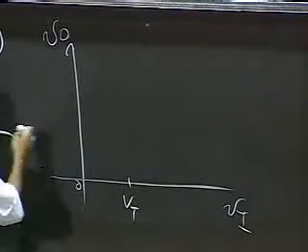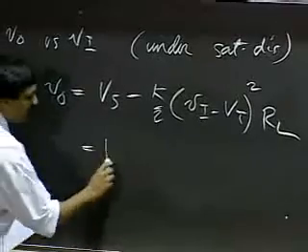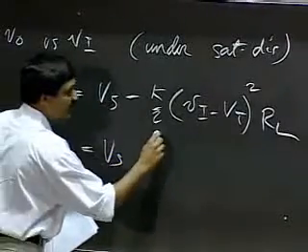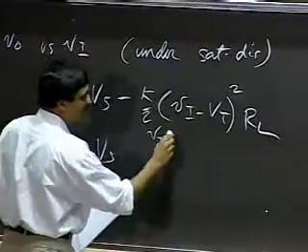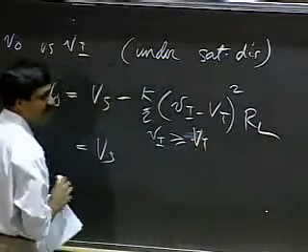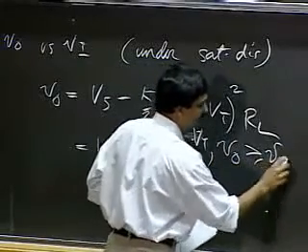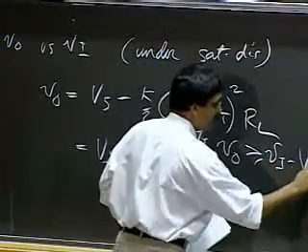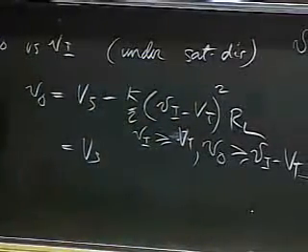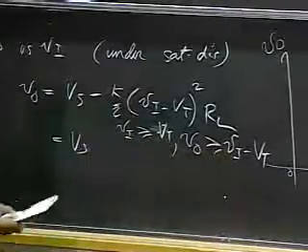That's my VT. So notice that VO is VS. This is true when VI is greater than or equal to VT, and V0 is greater than or equal to VI minus VT. So these are the constraints of the saturation discipline.